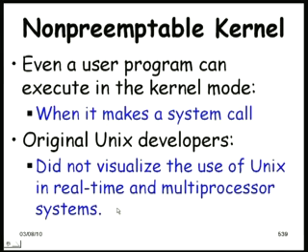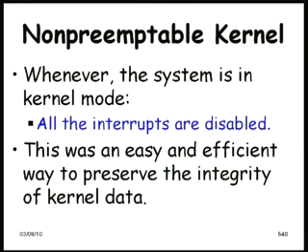So, what they said is that when it is running in the kernel, then the operating system, the most privileged one, is running, and it need not be interrupted. The user programs can be interrupted, but the kernel should complete and then it can examine the interrupts. So, the simplest thing they could do was to disable the interrupts once in kernel mode.